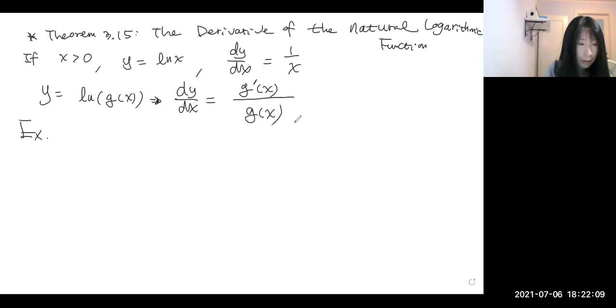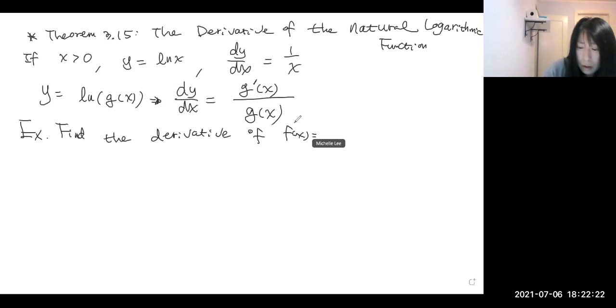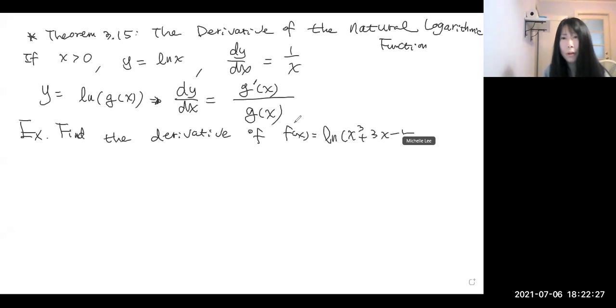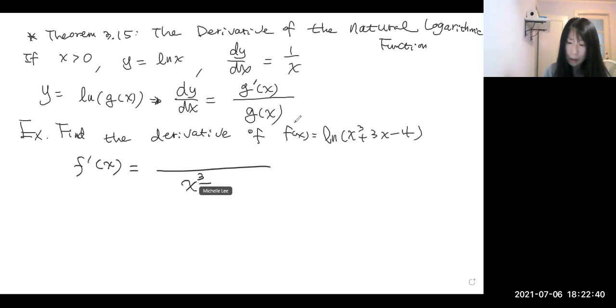Find the derivative of ln of x cubed plus 3x minus 4. Okay. All right. So with the derivative, look, next to the ln, inside ln, right? The function we're gonna bring down. So x cubed plus 3x minus 4. Then we are using chain rule, right?